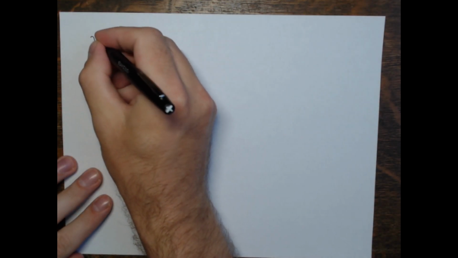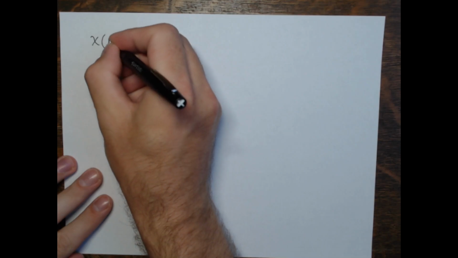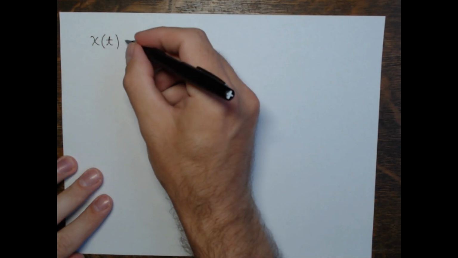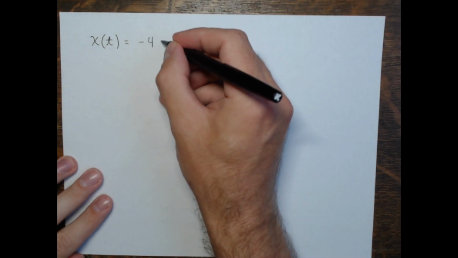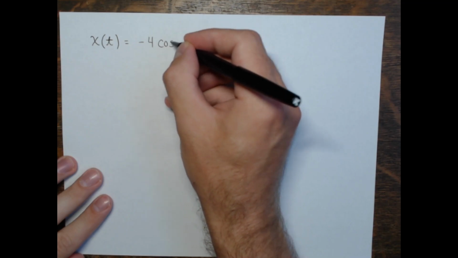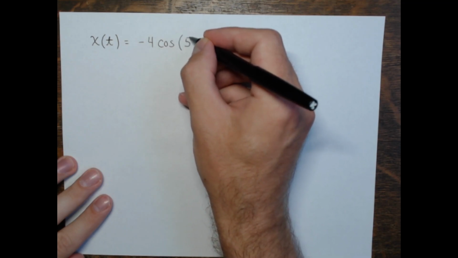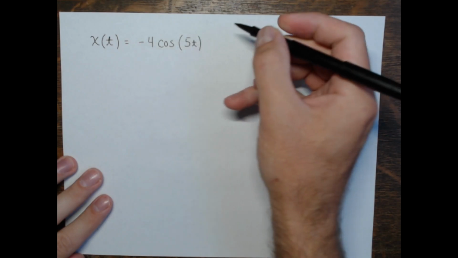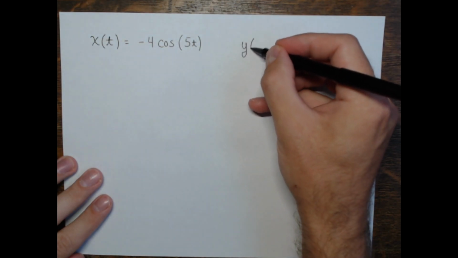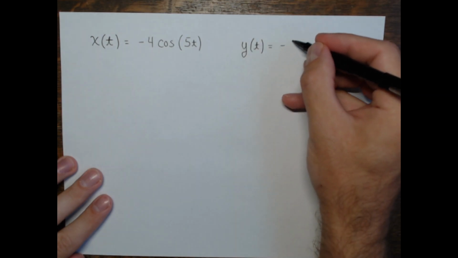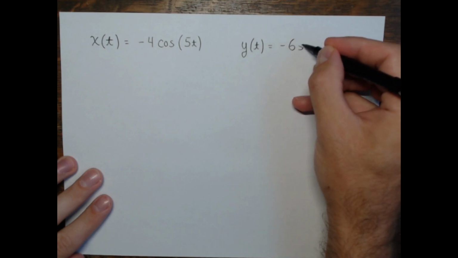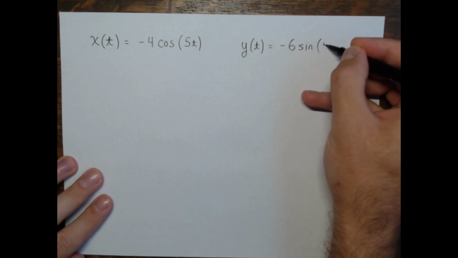All right, so on paper, here are the parametric equations we were given, right? x of t is -4 times the cosine of 5t, and y of t is -6 times the sine of 5t.